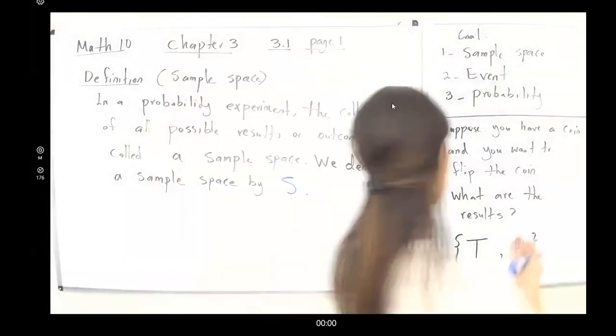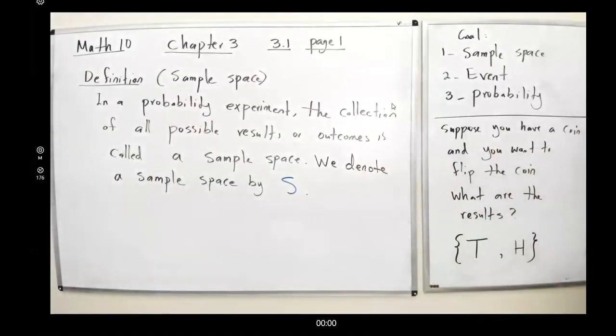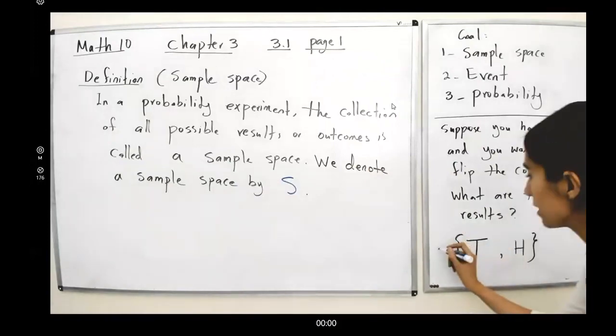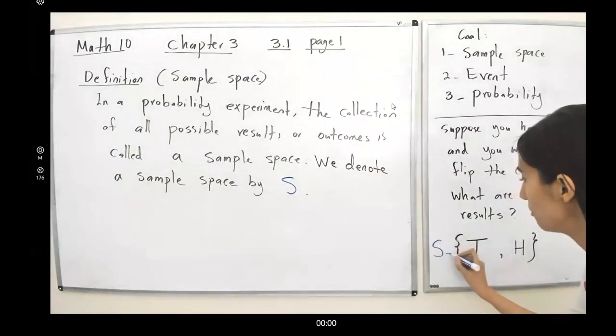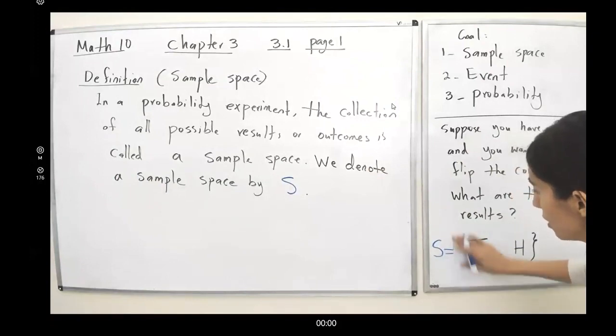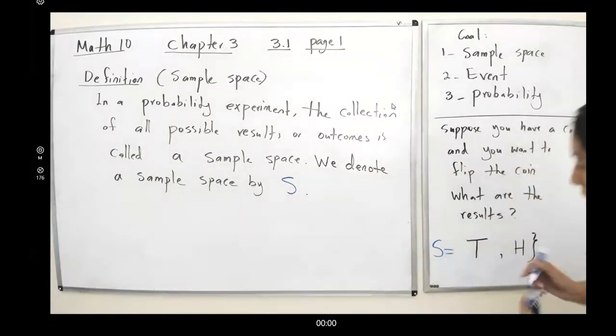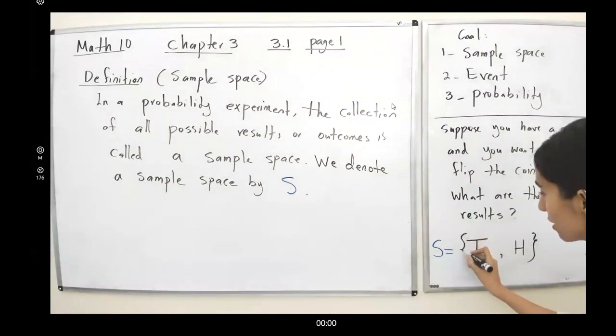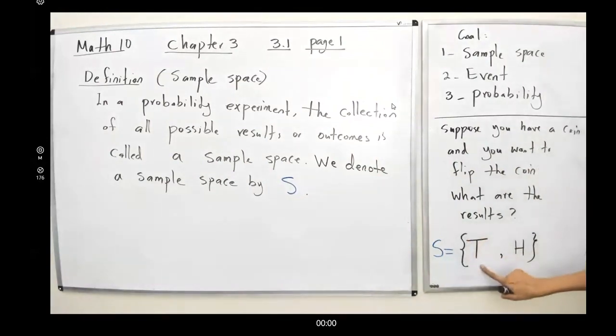So in this experiment, we have two possible results, having tail or having head. We write S, the sample space, equals the set of, the collection of. Remember to use curly brackets, and we list all possible results separated by commas.